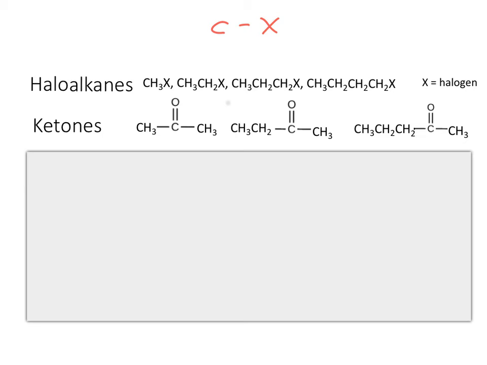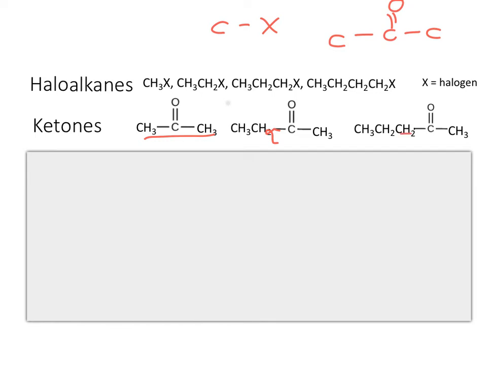Moving on to ketones now. Ketones all have this group. They've got a carbon, and then they are attached to C double bond O, and then they're going to have another carbon like so. So the smallest one we can have is going to be 3 carbon atoms, which is this one here, and then I just add a CH2 group as I go along the series.